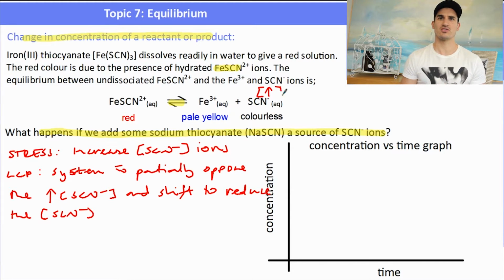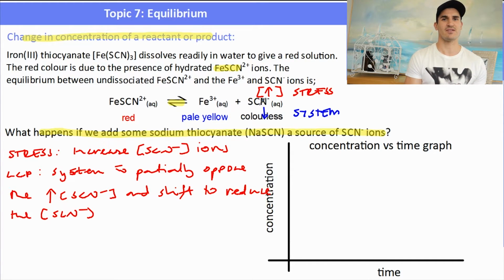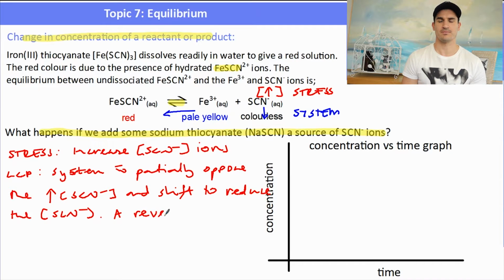We've increased the concentration of SCN-, so the system wants to partially oppose that increase by trying to decrease it. So we're going to see the system shift from right to left. So the SCN- is going to react with the Fe3+, and we're going to form some more FeSCN2+. So we're going to get a net reverse reaction.